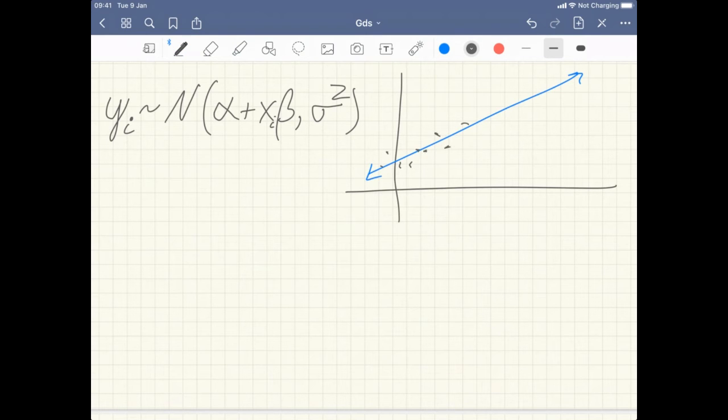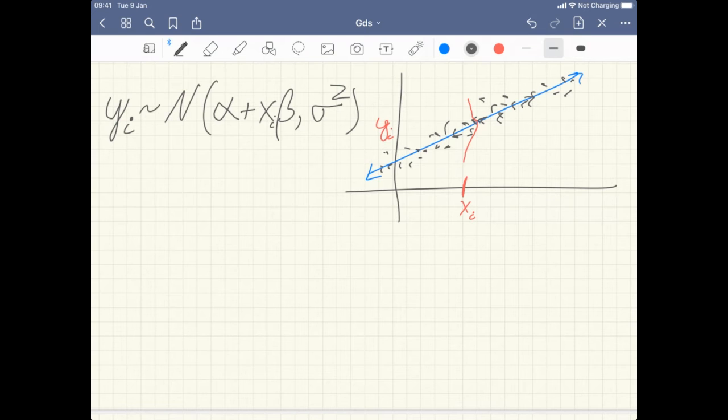So again, just to show you in the graphic here, what this says is that for any one value xi, there's a distribution of possible y responses. It's not just the line. There are going to be some errors around that line, and those errors have to be normally distributed. Okay? So, this describes the distribution of y at any x.